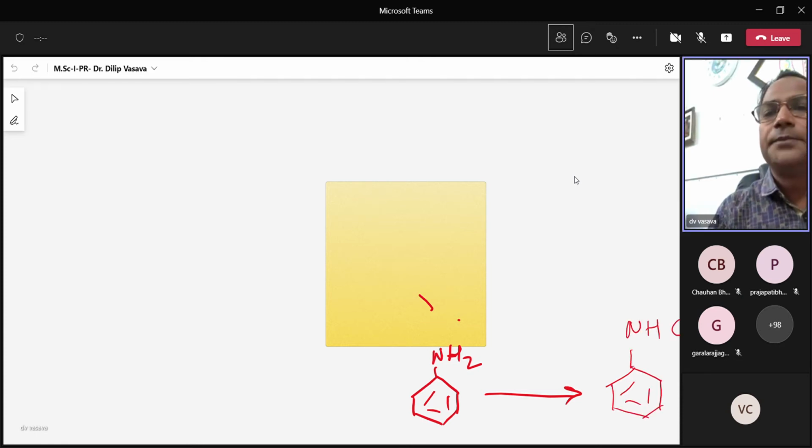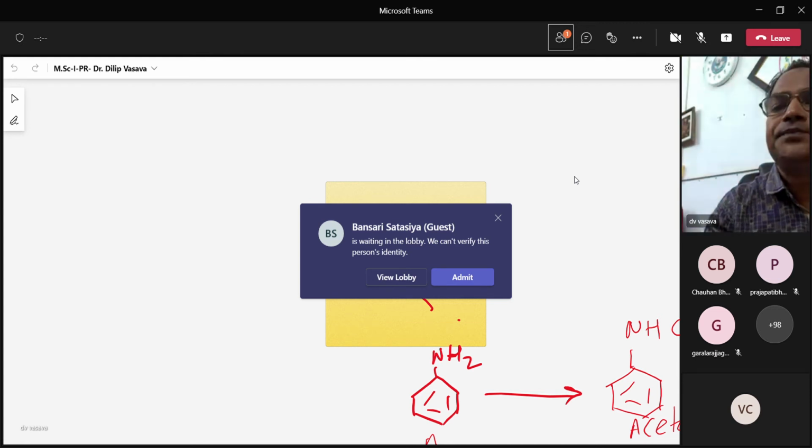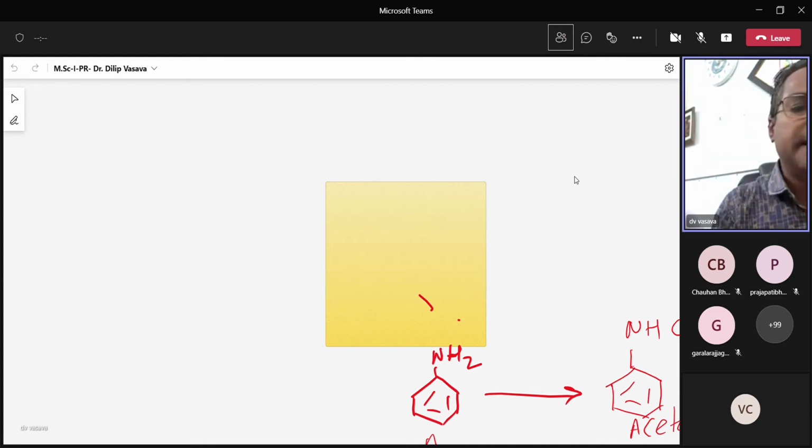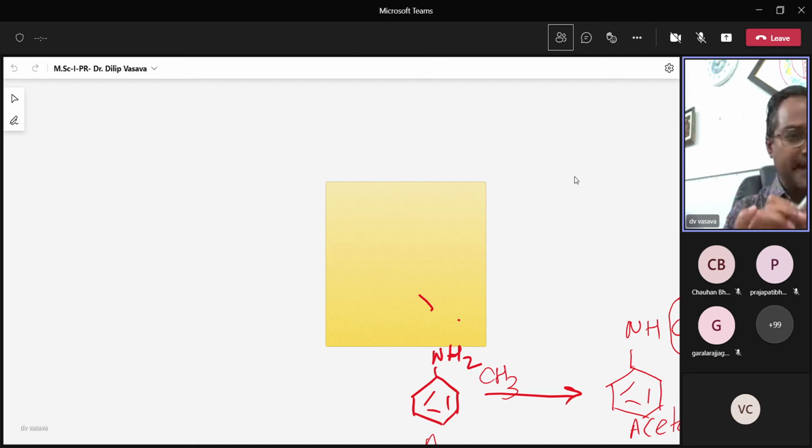For this reaction, it is recommended to utilize acetic anhydride. In presence of acetic anhydride, the aniline gives the acetanilide.